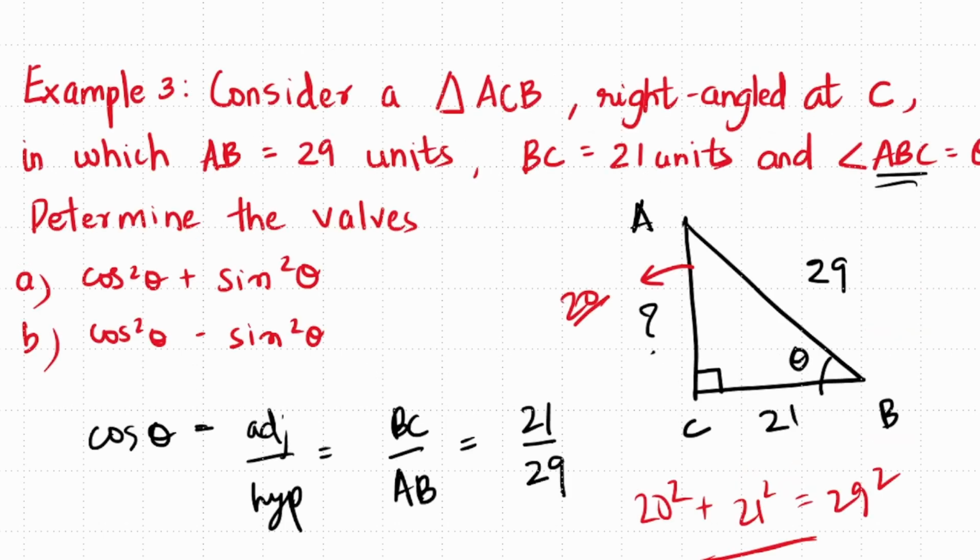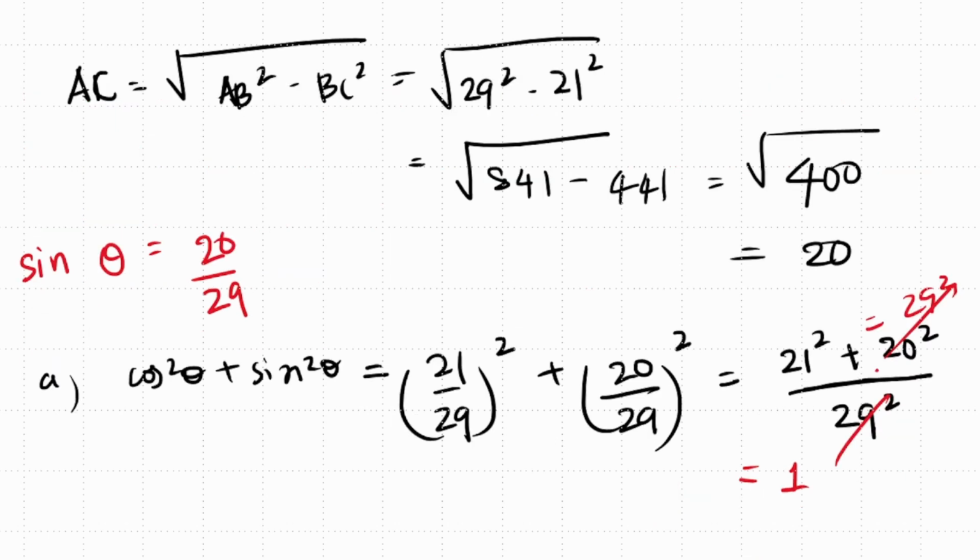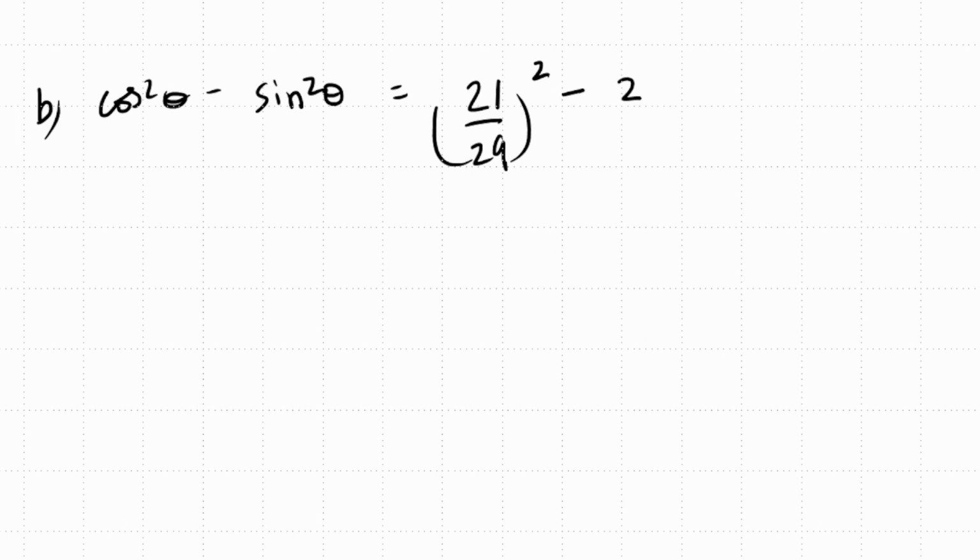Now part B, that is cos square theta minus sine square theta. How do you solve this question? Cos theta's value is 21 by 29, minus 20 by 29, whole square.